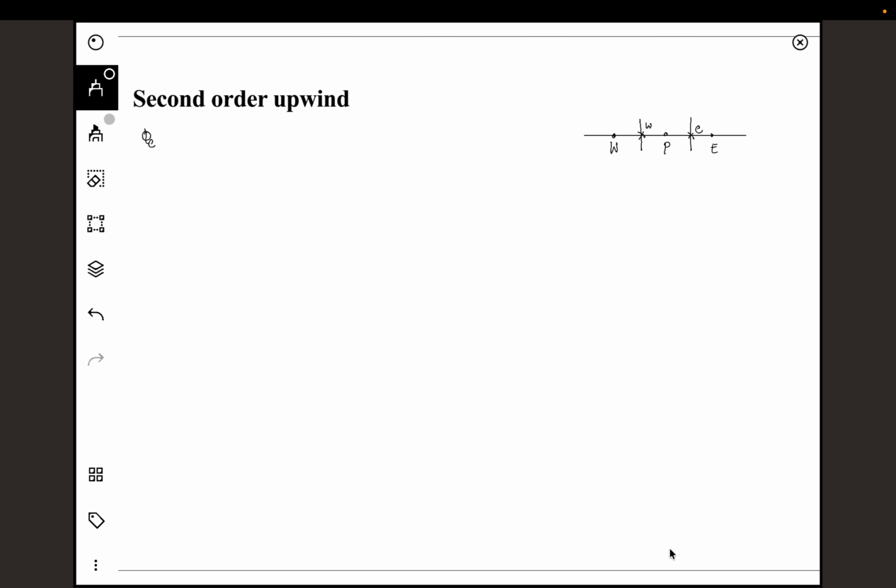Let's solve for one case, assume Fe is positive, so flow is in this direction. Then phi E is basically phi of xc, which we approximated from xp, so phi of xp plus delta x by 2 times etc. So this is what we did before. We just assumed phi is equal to phi P.